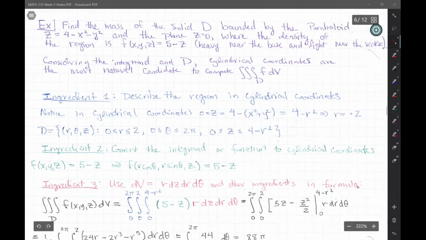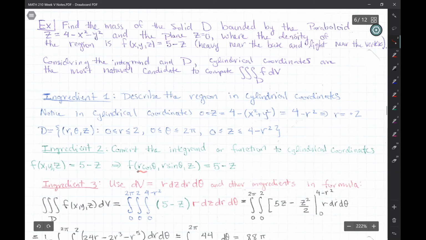The second ingredient for converting to cylindrical coordinates and carrying out the triple integral is to convert the integrand or function to cylindrical coordinates. And when I say integrand here, I mean the integrand when rectangular coordinates are used. We'll see why I make this emphasis in a second. So how do we convert then the function? Here's our function, 5 minus z.